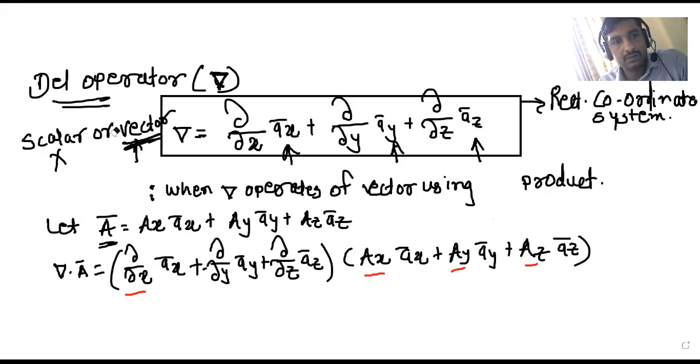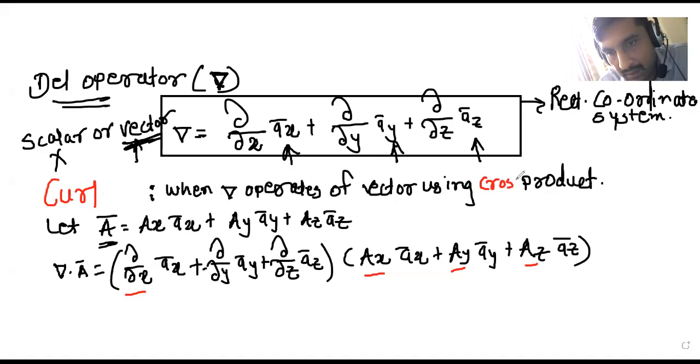Okay, right. So I'm going to define now curl. Here I will write the new heading. This is the third point I'm discussing with reference to the del operator. We have discussed gradient, we have discussed divergence. Now here it is curl. I can write about curl as when del operates on a vector quantity using cross product.